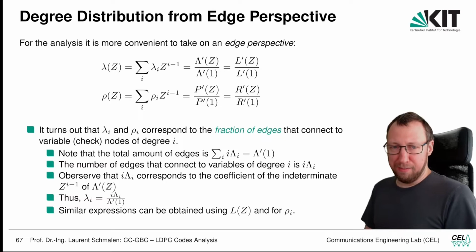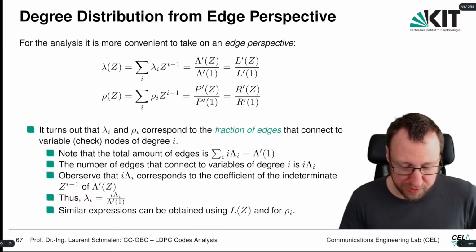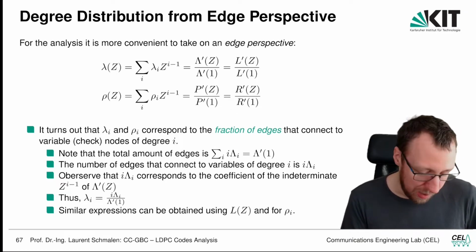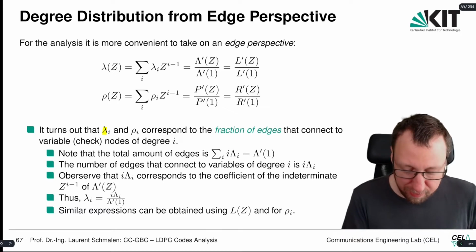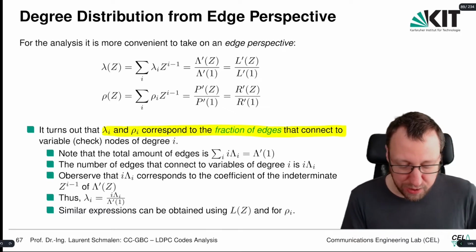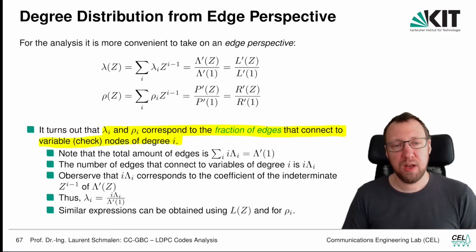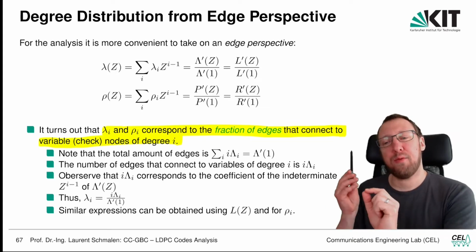So what are these lambdas and rhos? A very interesting observation here is that lambda i and rho i correspond to the fraction of edges that connect to variable nodes and check nodes of degree i. So if you have a certain lambda 2, for instance, that's the fraction of edges.